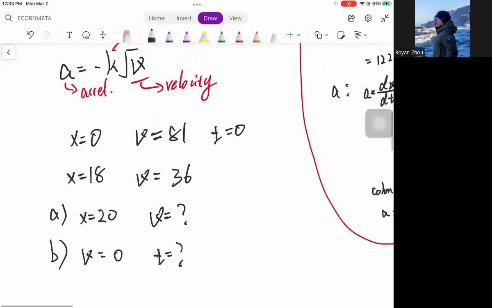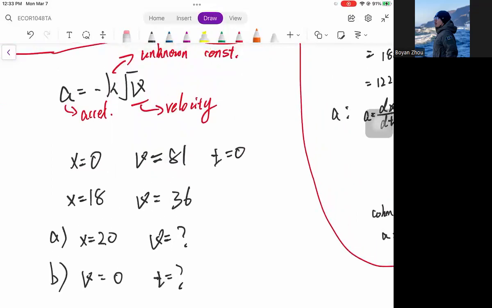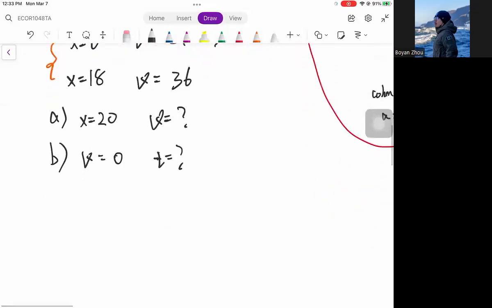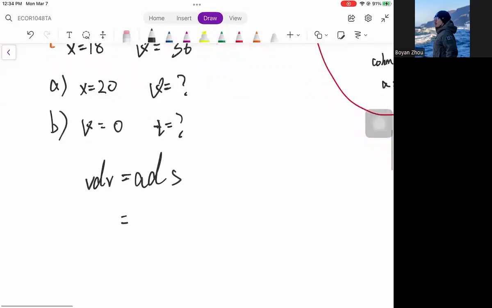The first thing we need to find out for this question is the unknown value, K. So we're gonna use the given conditions to find K. Pretty similar to the previous one, we're just gonna use V dV equal to A ds.